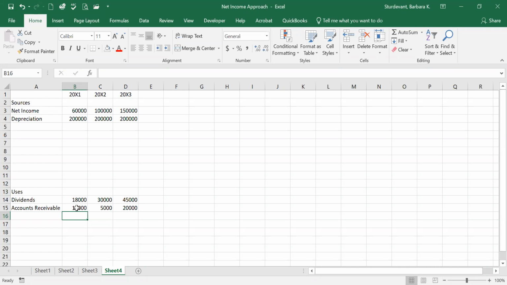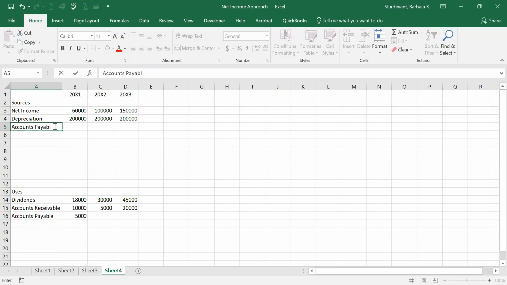Remember, current assets opposite, current liabilities the same. So for accounts payable, that first year, the 5,000 is gonna go here. For the second 2 years, it's gonna go up here, because it increased, it is a source.